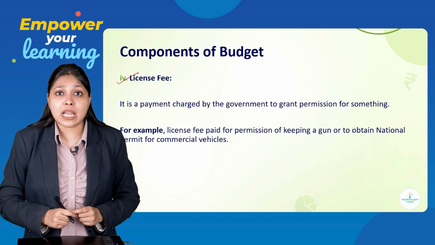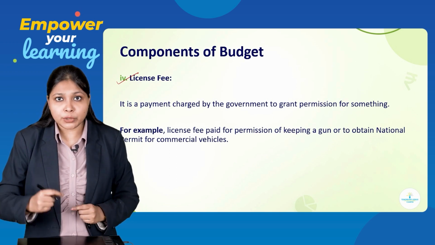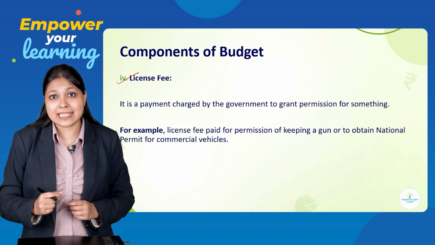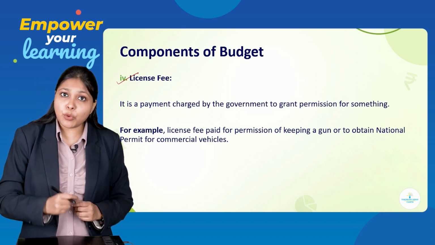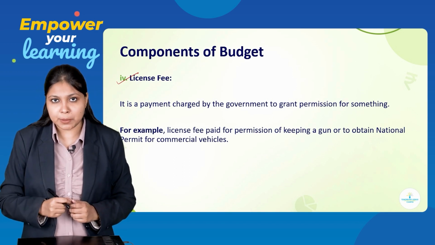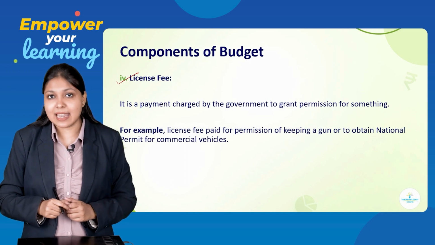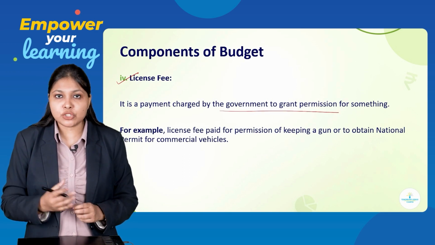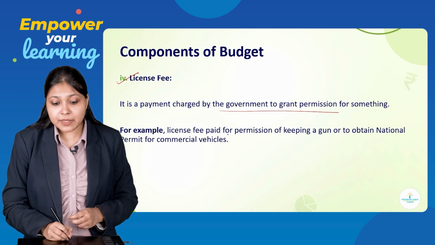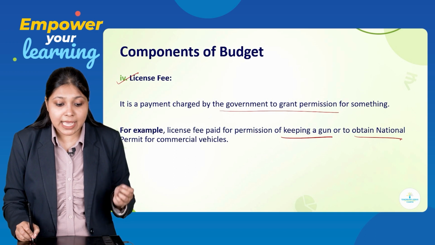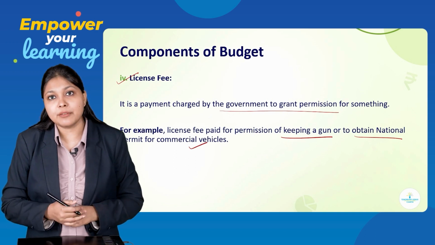If you want to start a liquor business, open a liquor shop, for that also you will need a license from the government. And when you apply for this license, you have to pay a certain amount of money to the government, and that is called a license fee. So it is a payment charged by the government to grant permission for something. License fee is paid for permission for keeping a gun or to obtain a national permit for commercial vehicles.